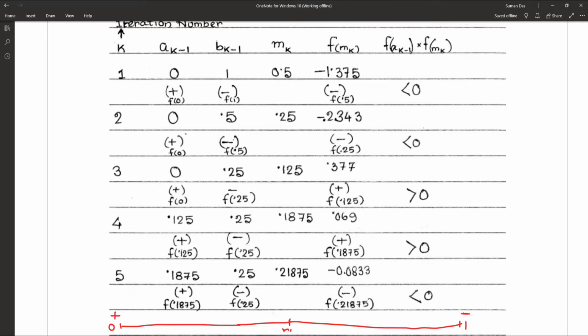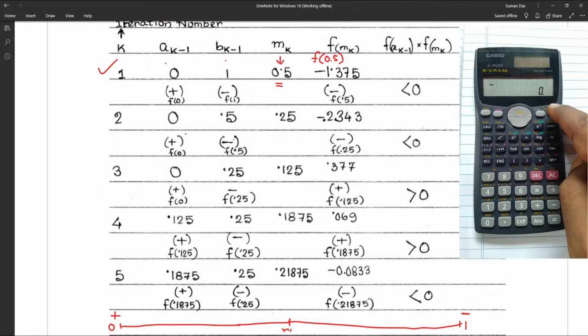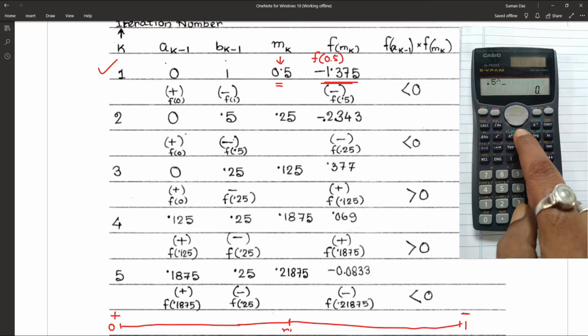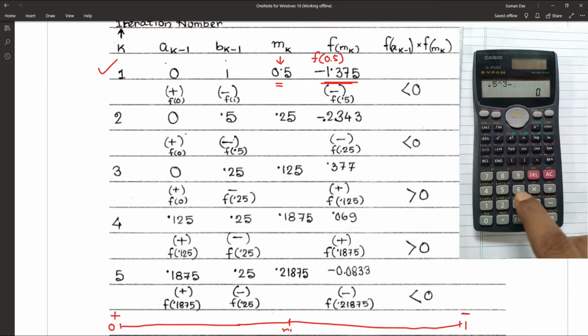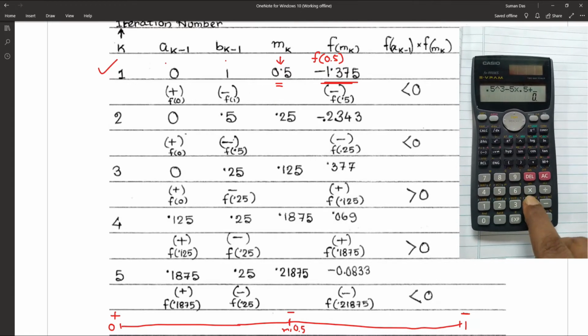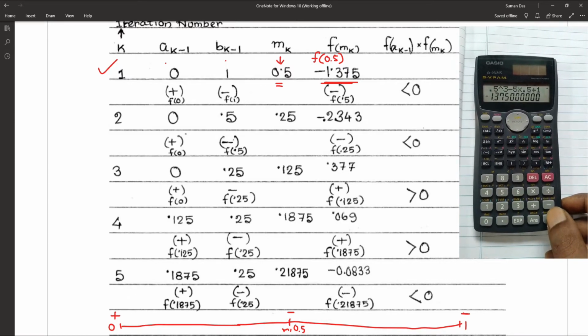That is our first iteration, where we have 0 and 1 as the first range, and half of it is 0.5. At 0.5 we get the value of the function as minus 1.375, that is negative.